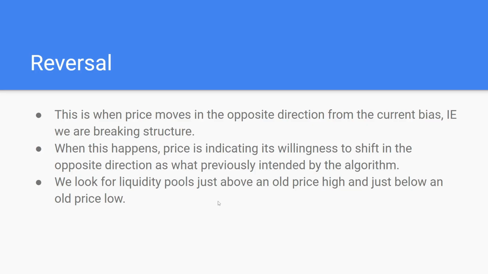So essentially, let's say, for argument's sake, price is trending up. When price is trending up, at some point price is going to reverse to the downside, which means we're breaking previous structure. So I will show you some examples of what that is.